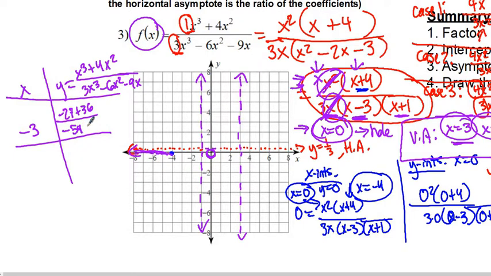Negative 54 minus 54. Okay, so I believe this is going to be 9 over 108, which reduces to 1/12. I just want to double check to see if that is correct. Let's do one more just to double check. So negative 3, 1/12 would put us roughly right about there.